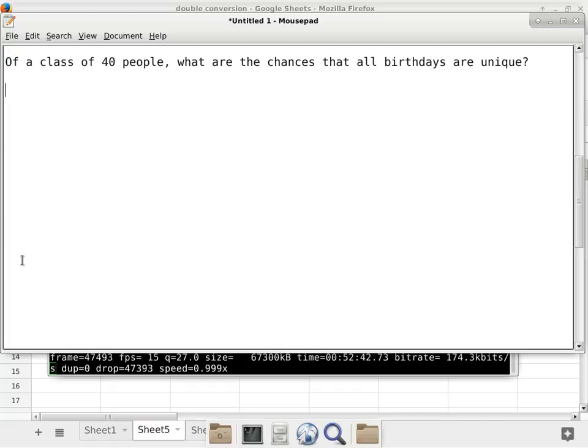If I have a class of only 2 people, this is one possible outcome. I have the April 1st birthday, and Jack has the April 2nd birthday. Is that okay? But another possible outcome, using only these 2 dates, is I have the April 2nd birthday, and Jack has the April 1st birthday. These 2 are separate and distinct possible outcomes.